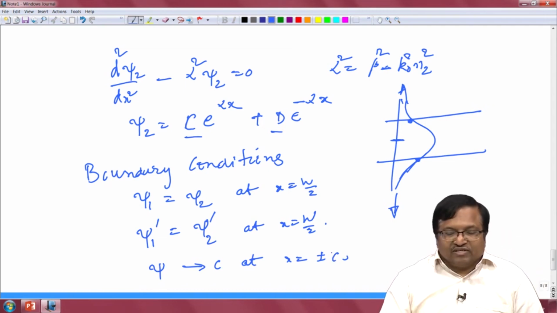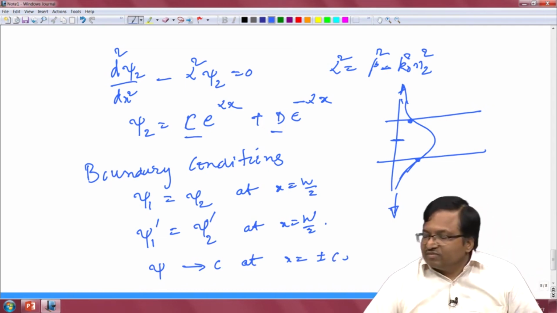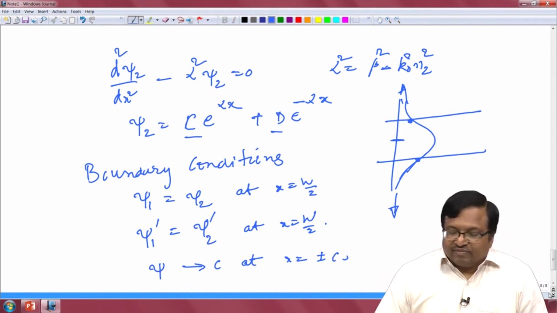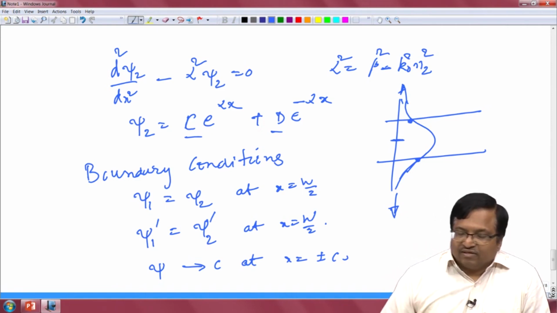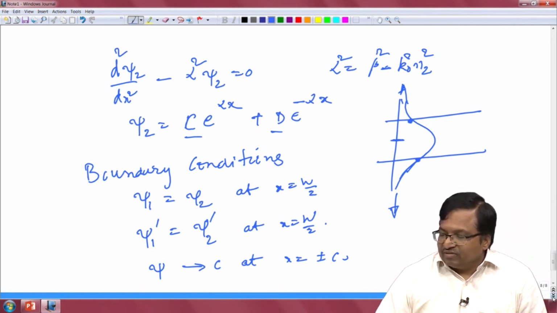So, with these conditions we can evaluate the fields, and remind once again that we need to solve for the beta and the mode field.